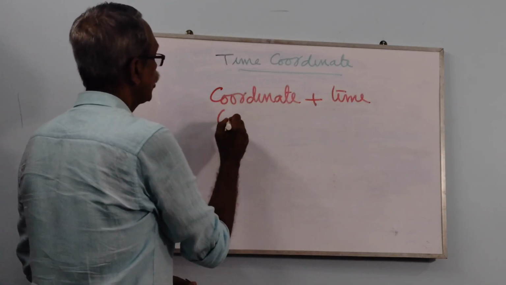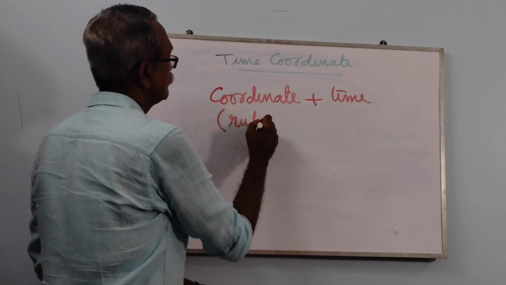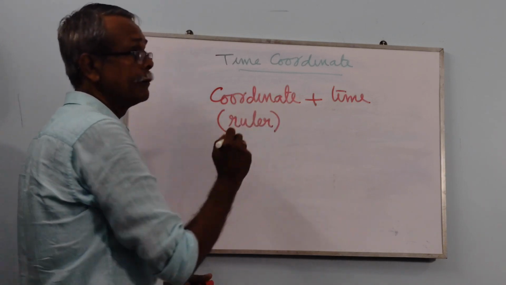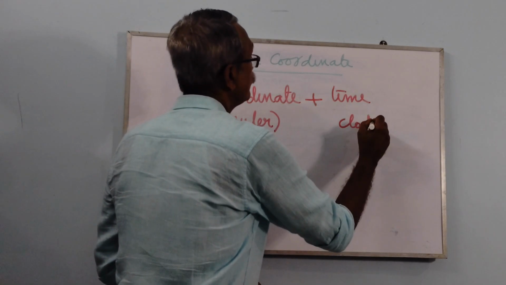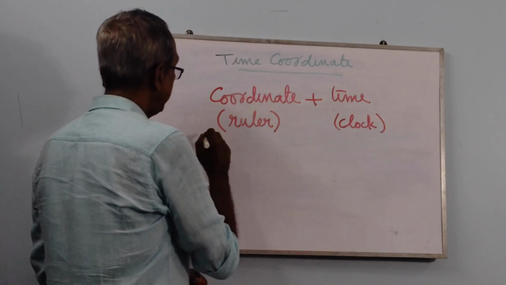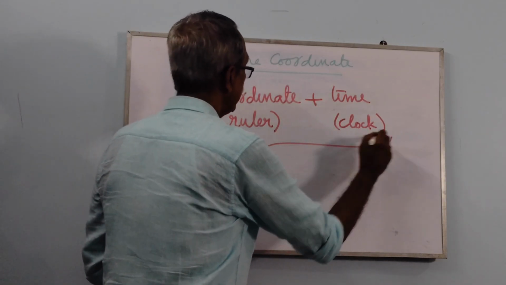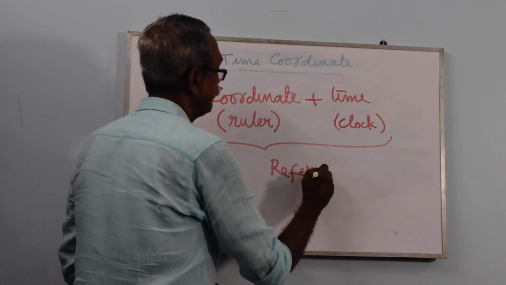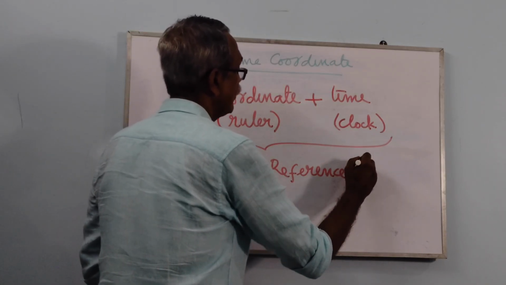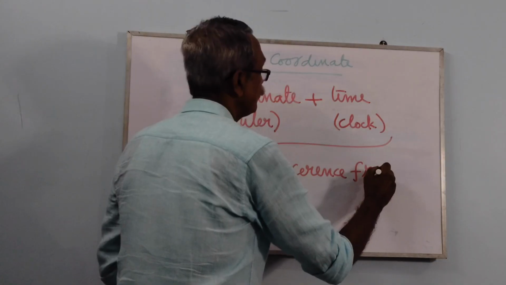This is a ruler, 3 rulers mutually perpendicular. This is a clock. These combined together we call as a reference frame. This is called a reference frame.